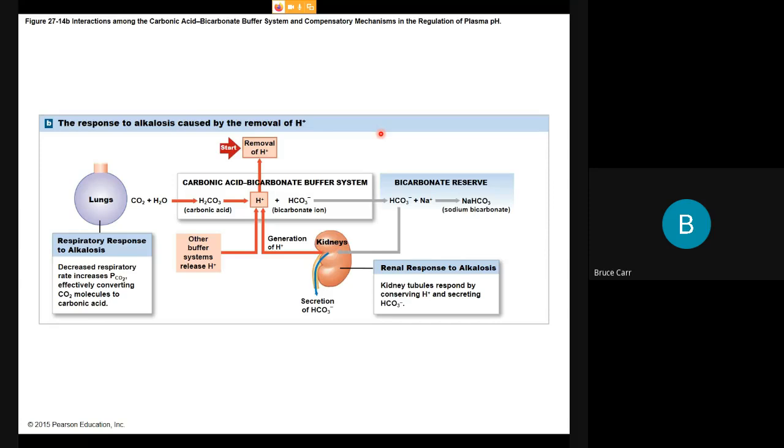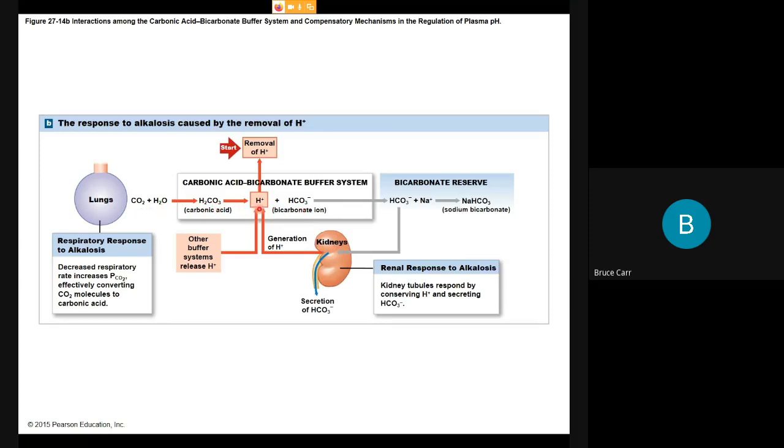Alkalosis, if your pH goes up, we basically can neutralize that base. And by the way, whereas we can tolerate some fluctuation of blood pH and local pH conditions, when the pH goes down from 7.4, or the pH goes up, we have a very narrow window of response. So over here in the lungs, we decrease the respiratory rate and basically enhance the CO2 level in the body, driving the equilibrium in this direction.